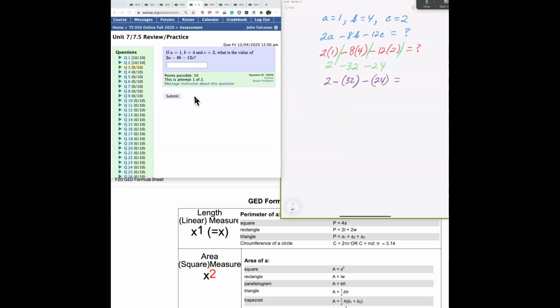There are subtle differences there, but either way it's going to work. If you consider the 8 as negative and multiply it by 4, you'll get negative 32. If you consider the subtraction sign as an operation, then you can just subtract whatever 8 times 4 is. It's up to you. Just be aware that there are 2 different ways you can approach this.